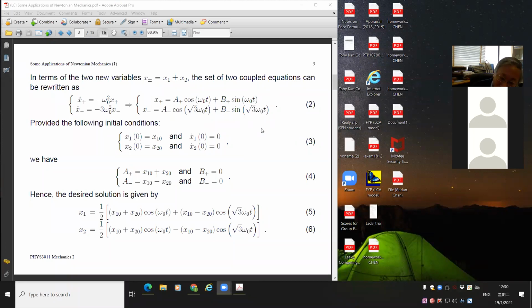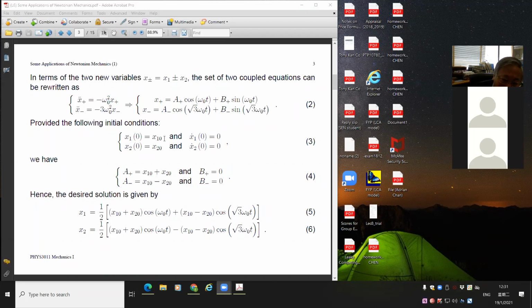So we have the general solutions for both ordinary differential equations. How do we fix a plus, b plus, a minus and b minus, all these four constants? Then we have to impose the initial conditions: the initial position displacement for both block 1 and block 2, and the initial velocity of both block 1 and block 2.